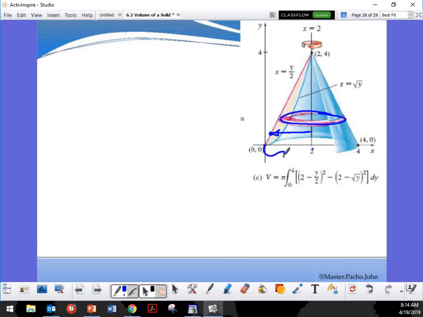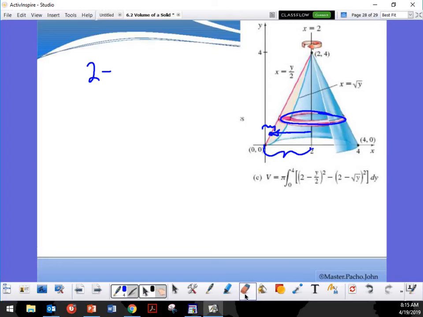So that's 2, but I don't want all of 2. So it's going to be 2 minus whatever this is here. How am I going to figure out whatever this is to that point right there? Just whatever my function is, whatever the function is at this point.